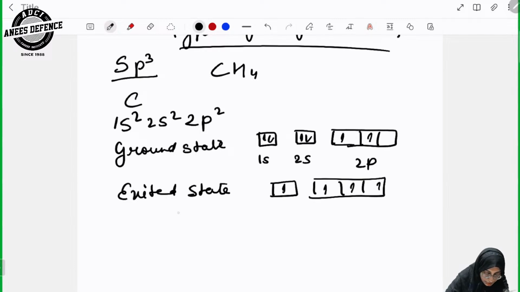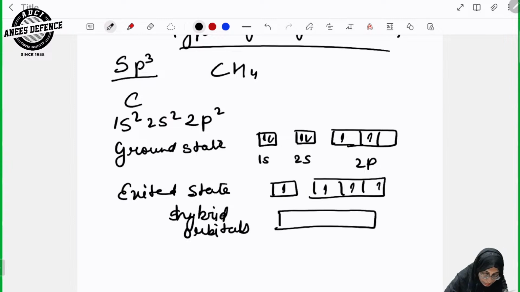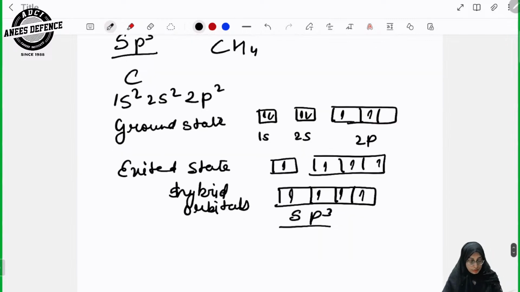Now what will be the hybrid orbitals? Intermixing happens between the orbitals of s and p, and all of them become sp3.